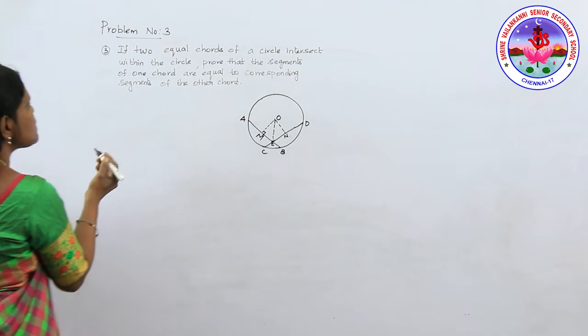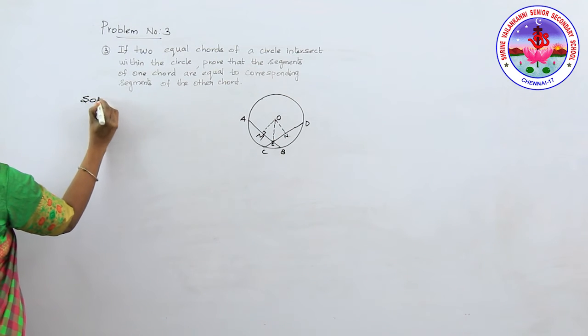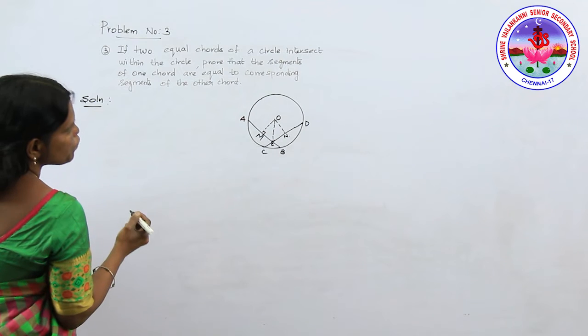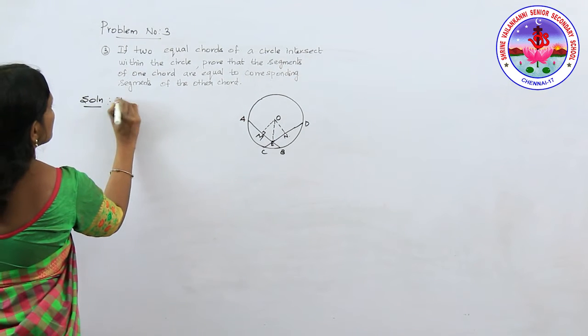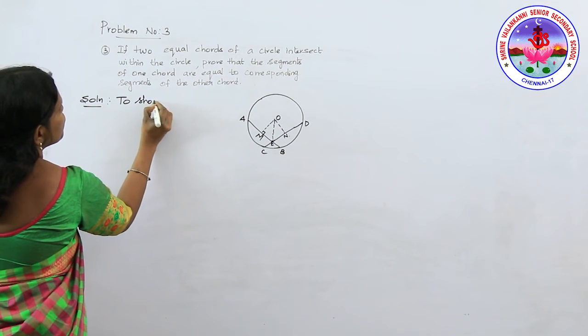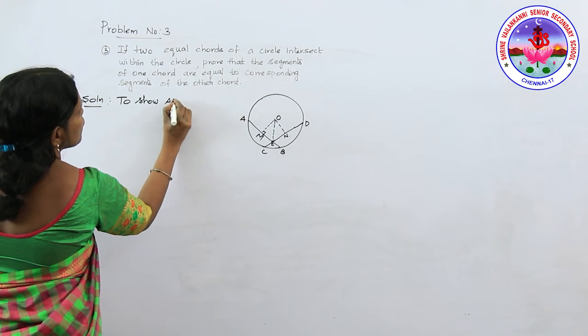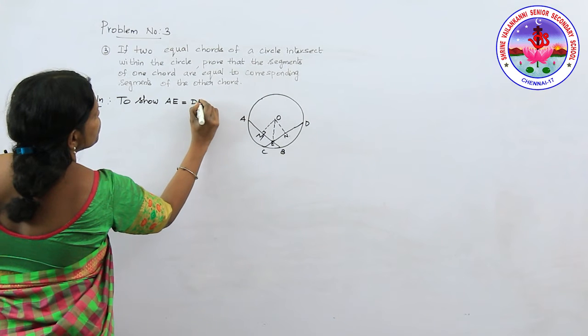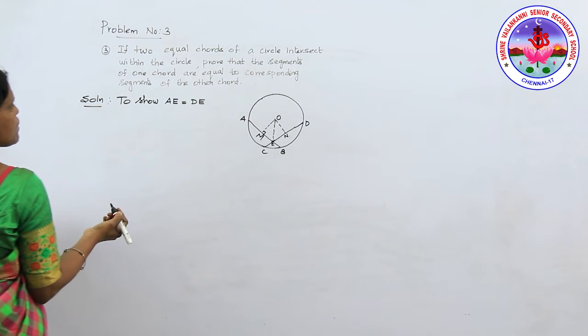So now coming to the solution, we need to show that the segment AE of chord AB is equivalent to the segment DE of chord CD.